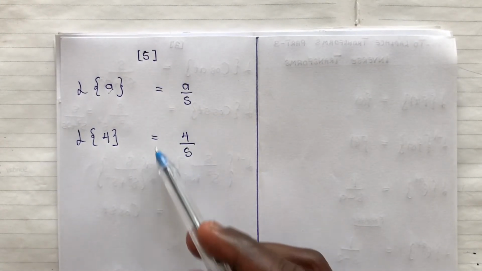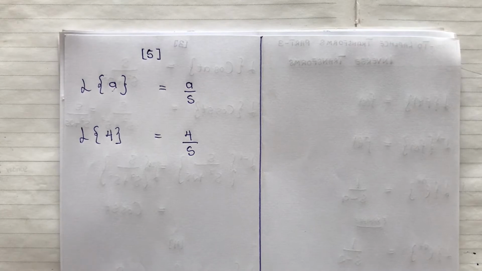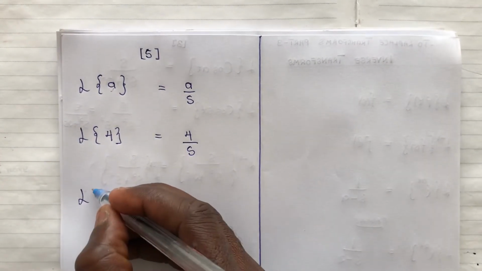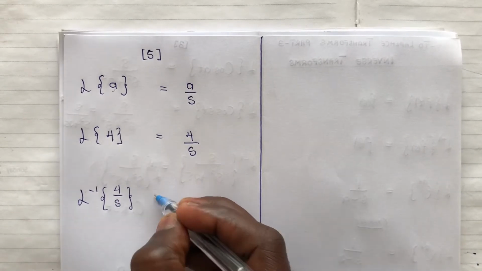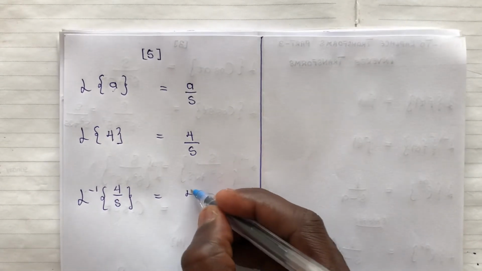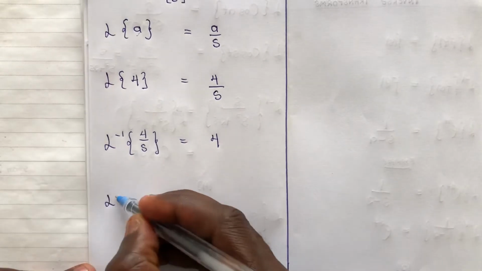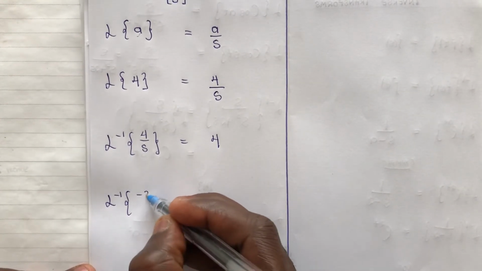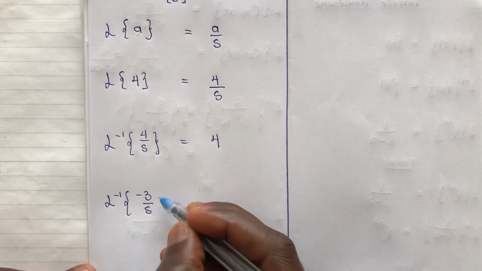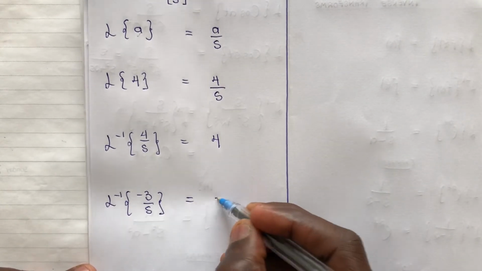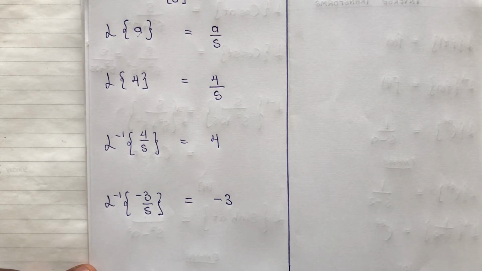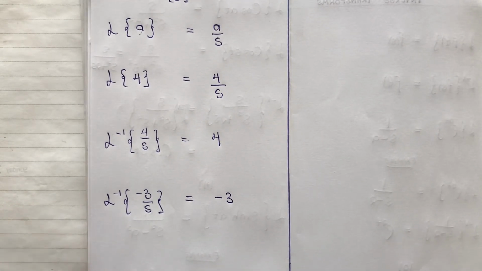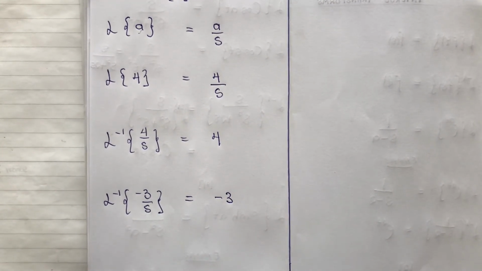I'll just take the inverse of this 4 over s. So the Laplace inverse of 4 over s is equal to 4. The Laplace inverse of minus 3 over s is equal to minus 3. So that is it. Very, very simple. So the inverse of a function is just the reverse of the transformation.